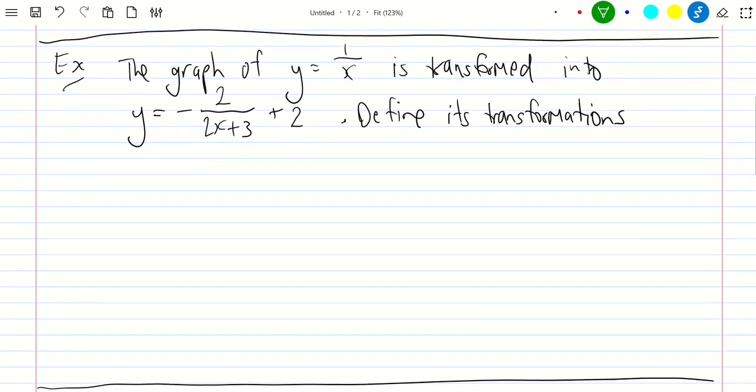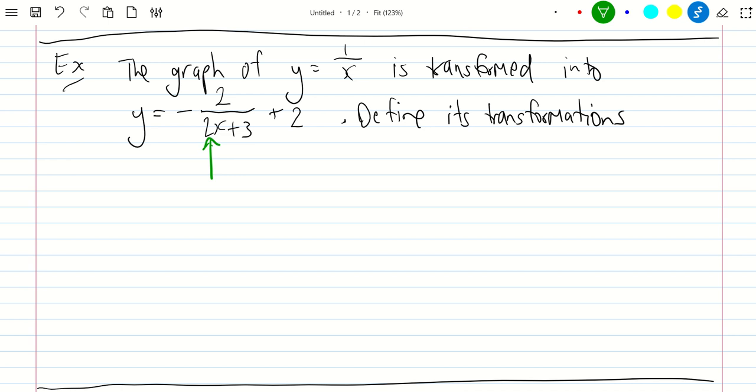Let's have a look at an example. So let's say you've got the graph of y equals 1 over x, and it's transformed into that beast there. So let's have a look at what the transformations are here. Firstly, I can already see that it's got a 2 out the front of the x, and we don't like that because, remembering what I just said, translations happen after the dilations, so we need to make sure we get that x by itself.